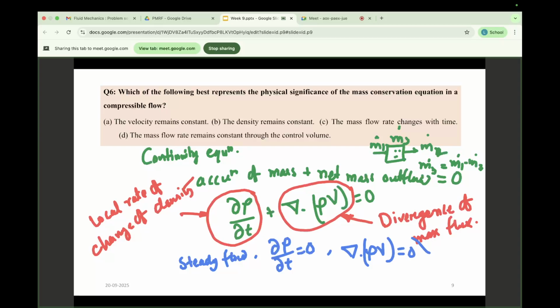In case of steady flow, this is the final form of the continuity equation. That basically means the mass flow rate in and out should be equal.